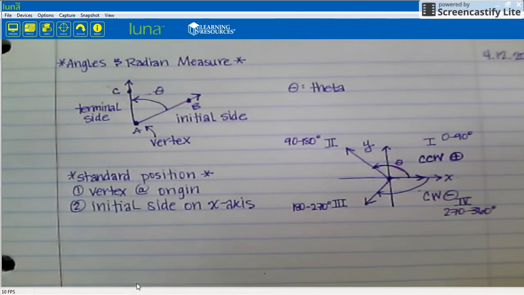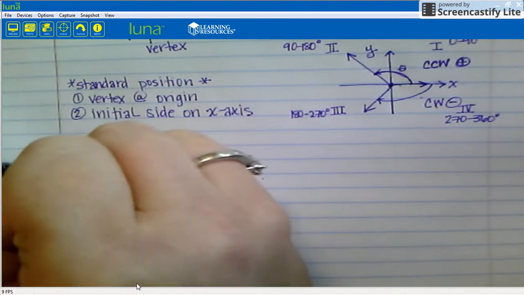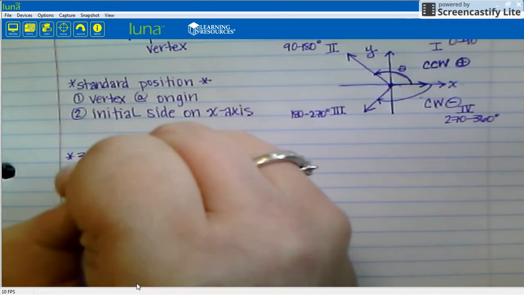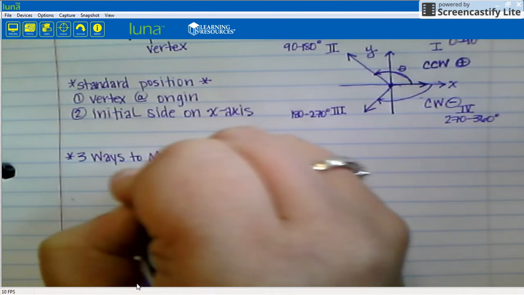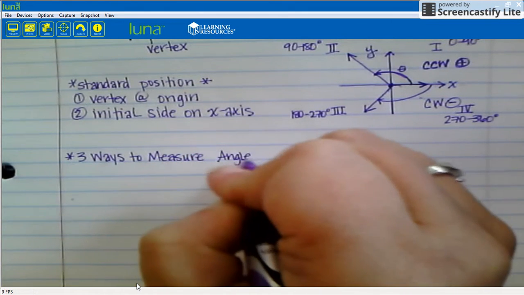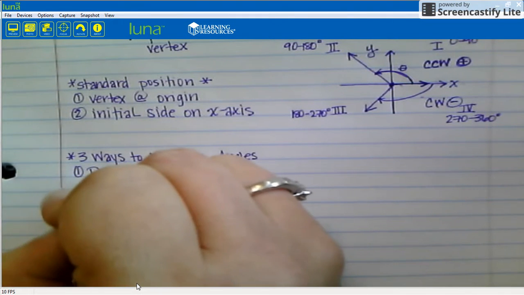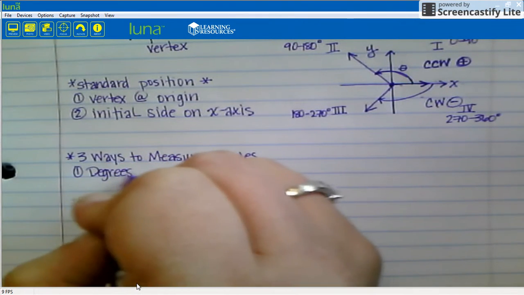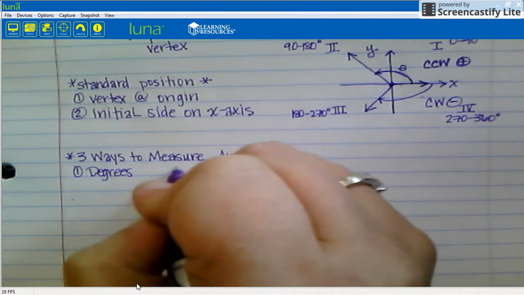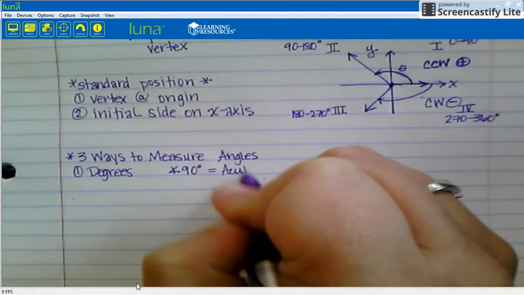We have three ways in which we measure angles. The first of which you are the most familiar with, and it is the most common. So we can measure in degrees, which you're very familiar with, you're very accustomed to. We know that if we have an angle that is less than 90 degrees, then that's acute.